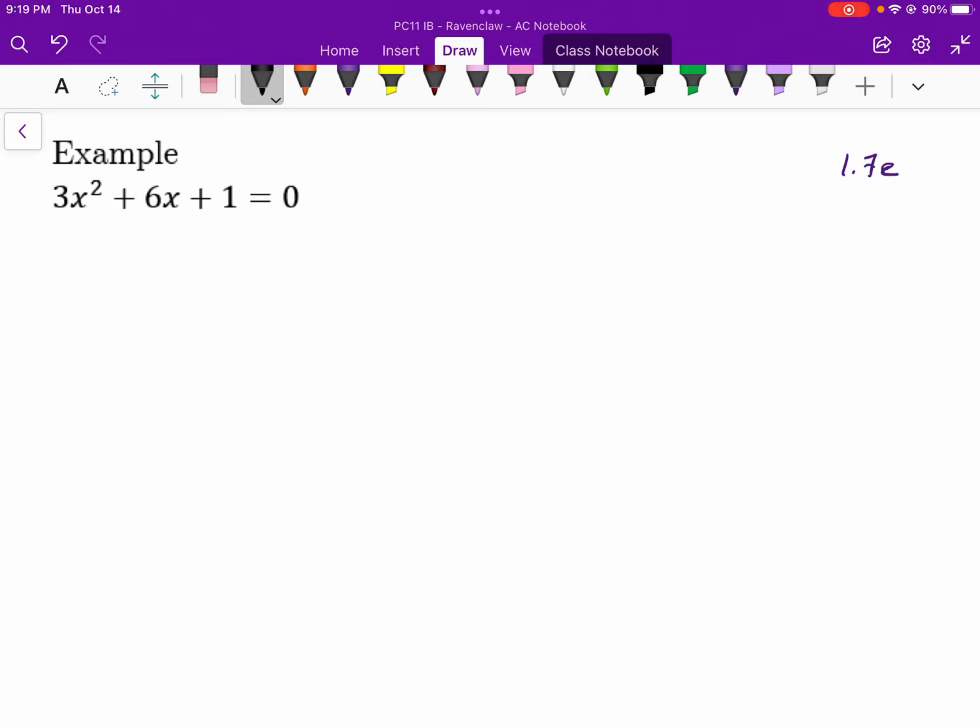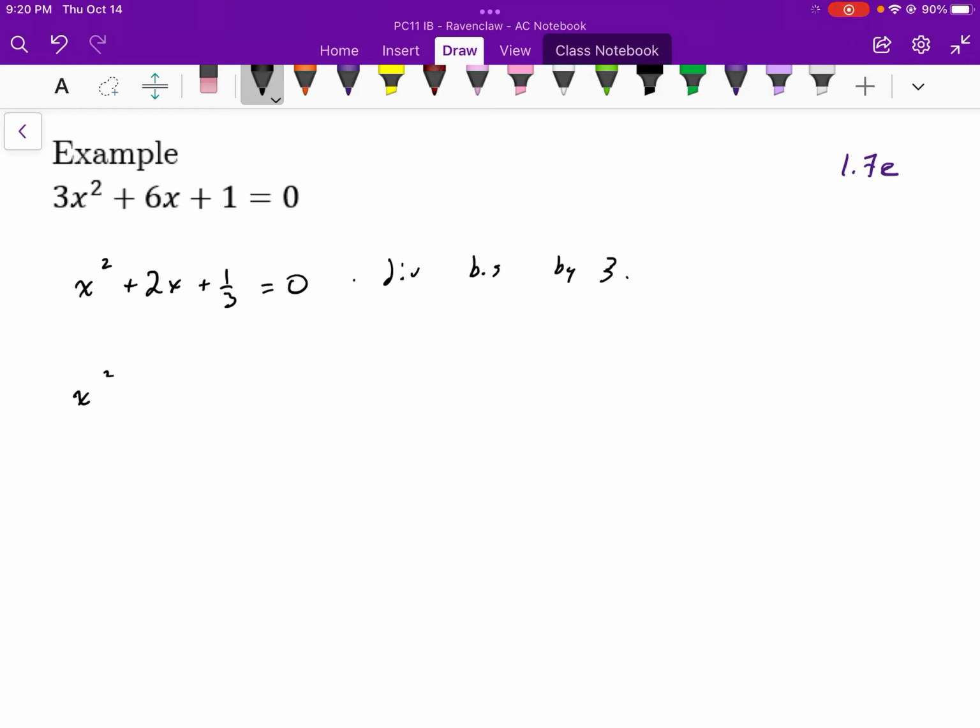I'm going to divide both sides of the equation by 3. Love dividing 0 by 3 because it's 0. So I'm just going to divide both sides by 3.